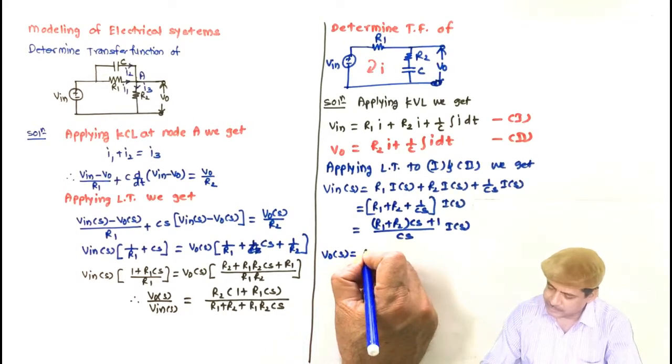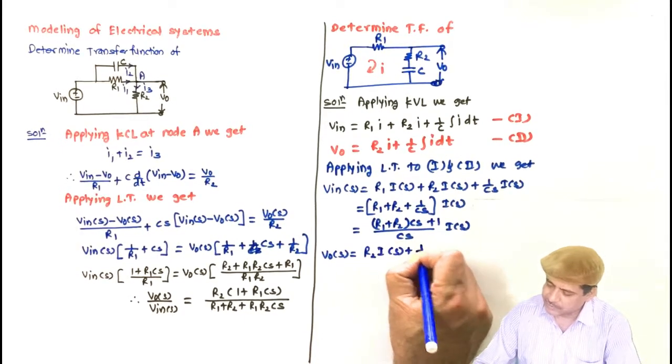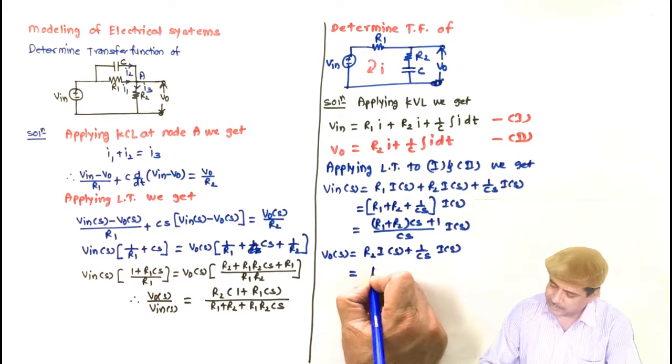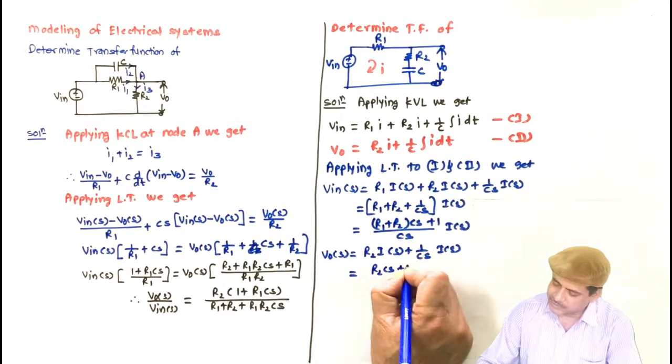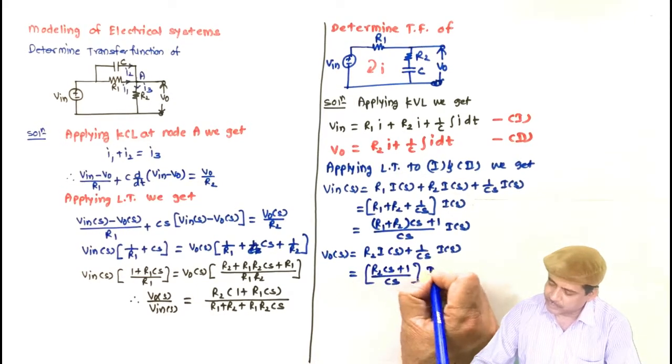It is R2 I of S plus 1 by CS I of S. So it will be R2 CS plus 1 by CS into I of S.